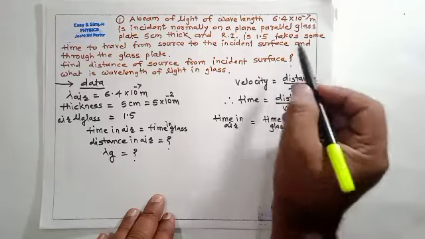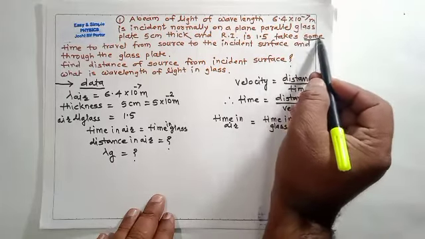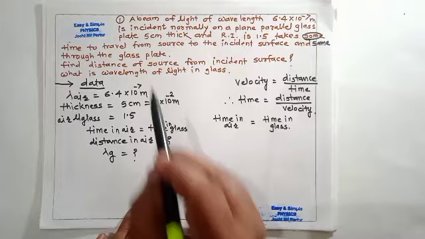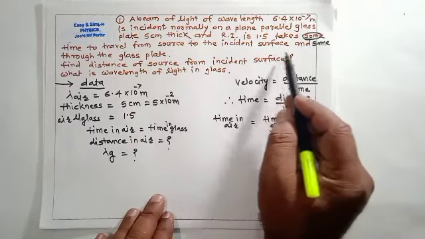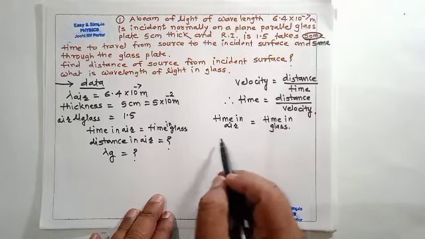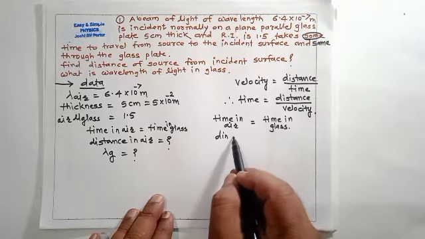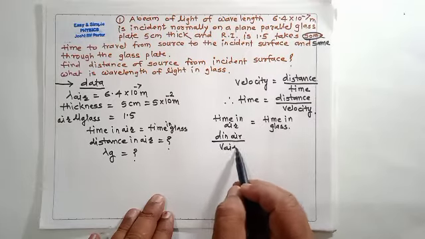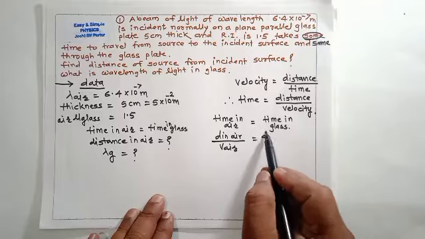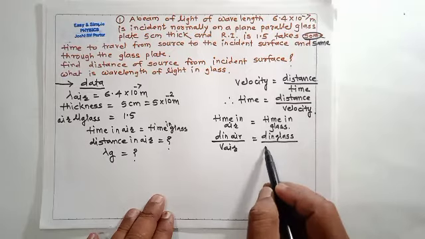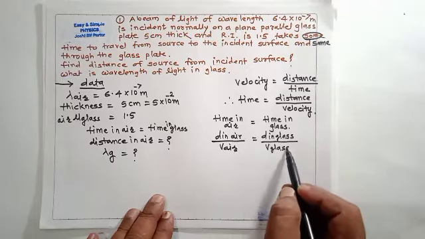In this question, it takes the same time to travel from source to the incident surface and through the glass plate, which means they are equal. So we can write it as distance in air divided by velocity in air, which is equal to distance in glass divided by velocity in glass.